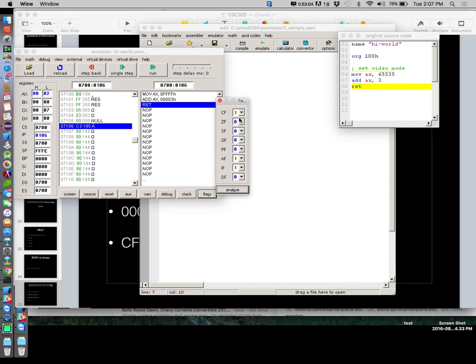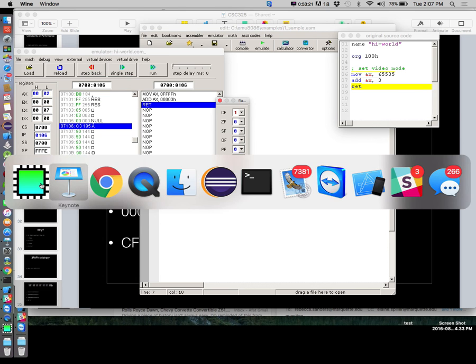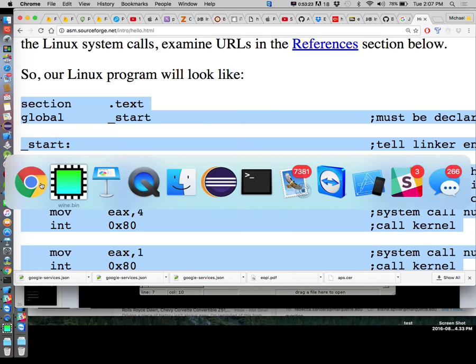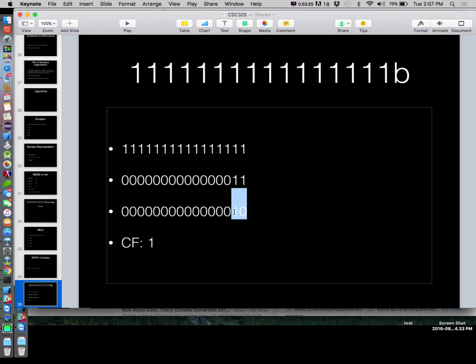And the zero flag is not set because AX doesn't hold 0. Make sense? So we're always adding. It's not a 1 or nothing in that far right register. It's whatever the value is. The reason it was a 1 here is because the math dictated that this should be a 1.